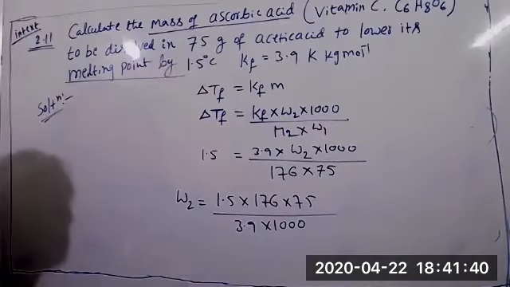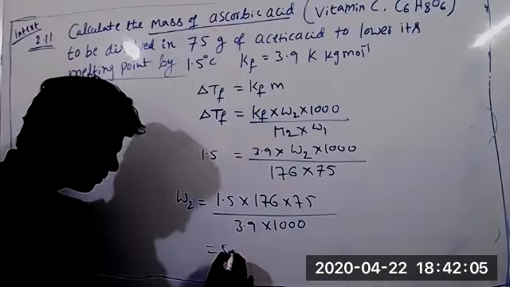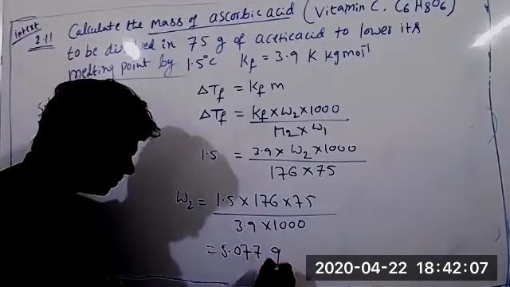Not mandated, the same delta Tf value will come, since it is the difference in freezing point. So we take 1.5 degrees centigrade as it is. So, 5.07 grams. Very good.